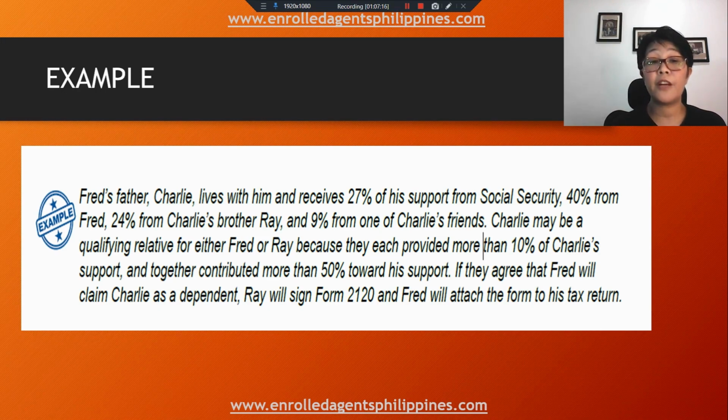If they agree that Fred will claim Charlie as dependent, Ray will sign Form 2120 and Fred will attach the form to his tax return. So, kailangan magawa ng maayos para maging valid.